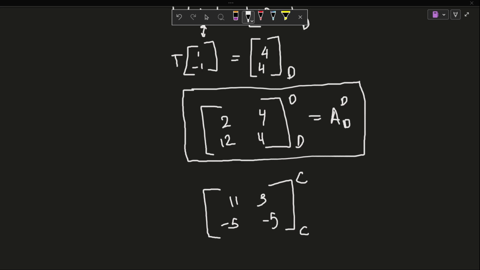You can also see that there are different matrices that represent the same linear transformation, so are they related, right? And so that might make you think.